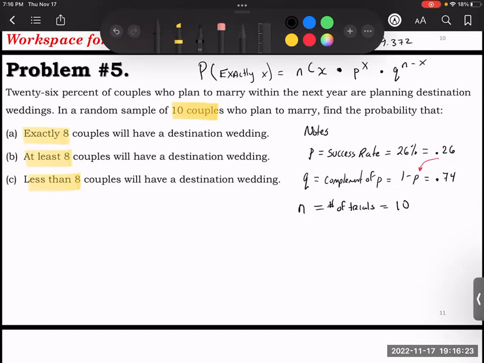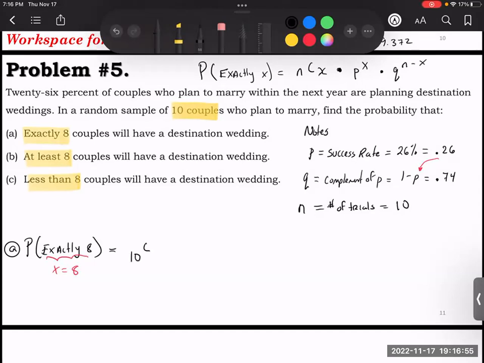Because part A states that we want to find the probability of exactly 8 couples, you're going to let X be 8. That's it. X is only equal to one value. So this will give us the following. N, which is 10.